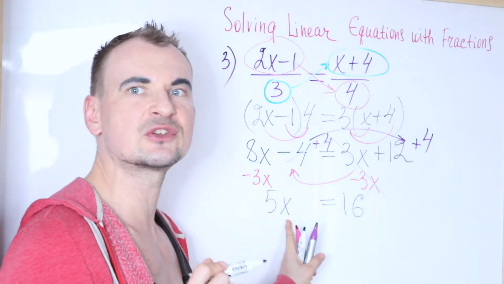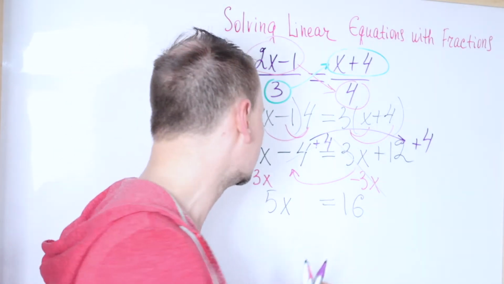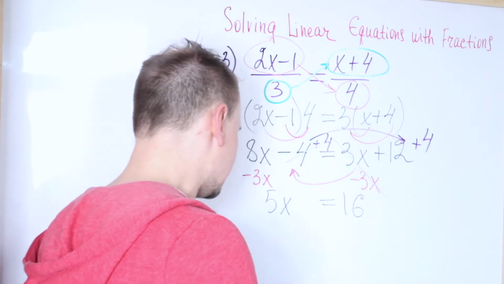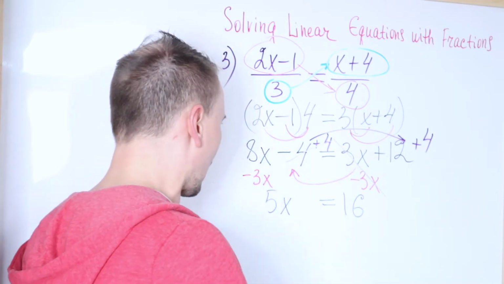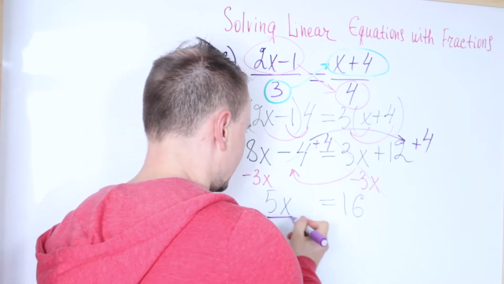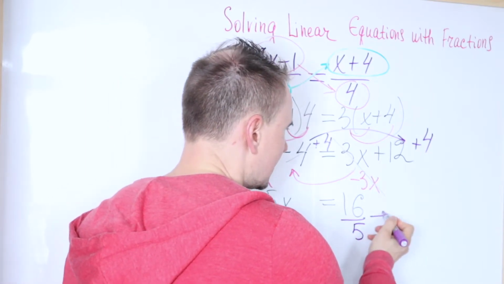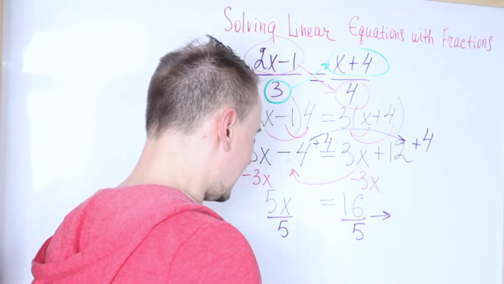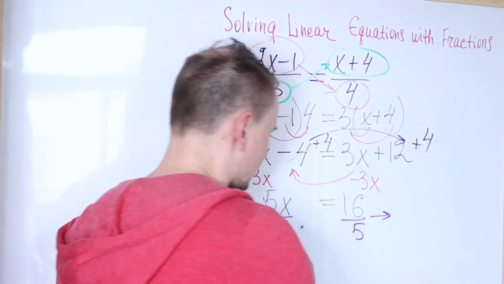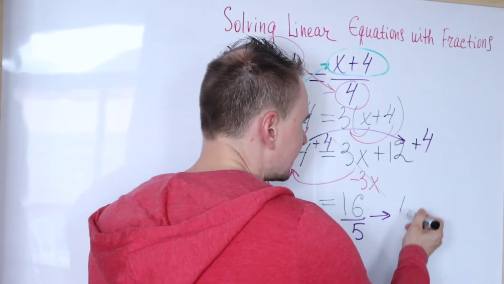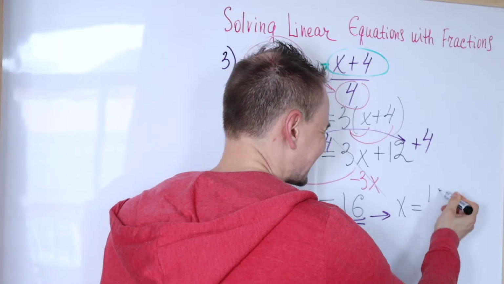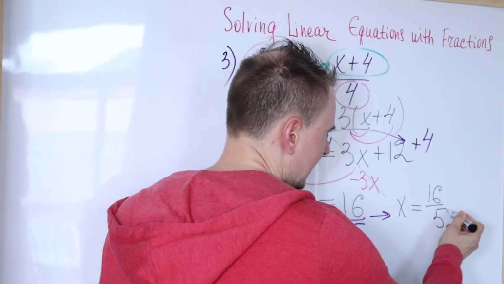So you want to isolate your x. You want to get your x alone. Whatever is attached to your x, in this case it's 5, divide through both sides of your equation. So you divide by 5, you divide by 5. So you would be left with x, so 5 goes away, disappeared at this point. x equals 16 over 5.